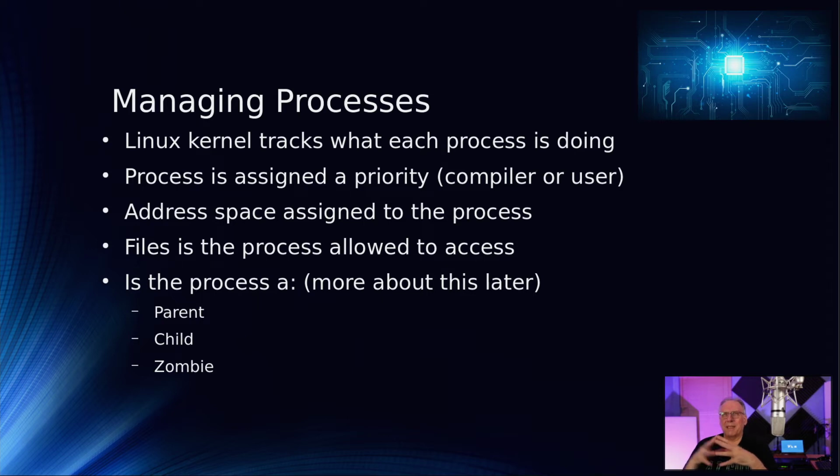So great, but that seems like a lot of stuff for the scheduler to have to track. How does it know how to track all that stuff? Well, there are structures that it creates, and it tracks everything that process is doing. But the other thing assigned to it is a priority. The priority tells the scheduler how often to give you preference for the processor.